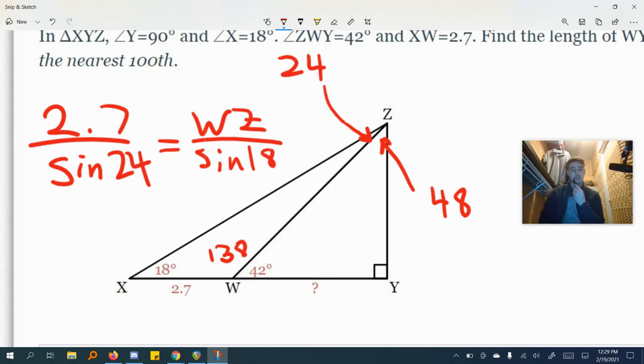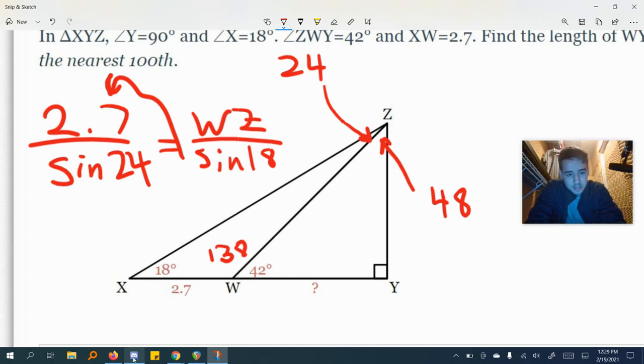Let me make sure that I actually did that right. Sine 24, yeah. Okay, yeah. That checks out. So now what we want to do next is simply rearrange to do sine 18 times 2.7 over sine 24. So let's just go ahead and plug that into a calculator to find WZ.